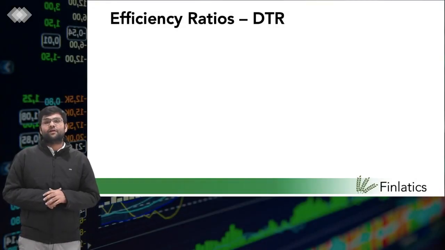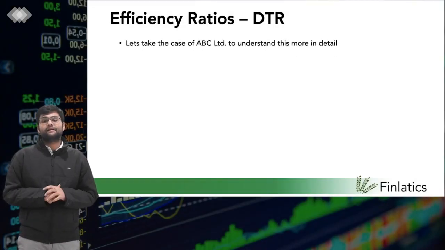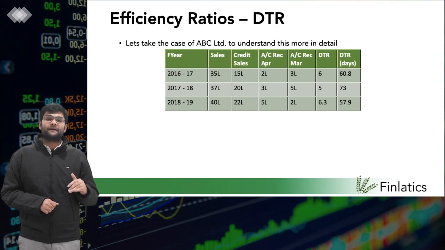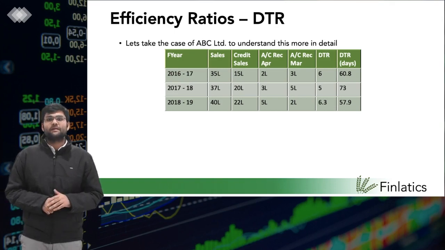Let's take the case of ABC Limited to understand this in more detail. From the table below, we can see that the debtors turnover ratio of ABC Limited went from 6 in 2016-17 to 5 in 2017-18 and then went back to 6.3 in 2018-19.